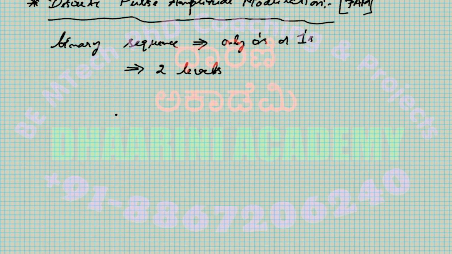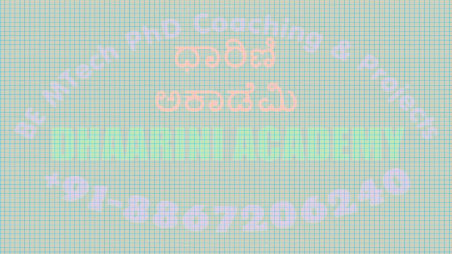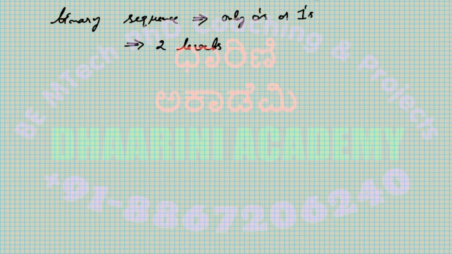How many ways you can try to represent the two levels is what is covered under discrete PAM. Okay, you can give different waveforms corresponding to your requirement. How they are going to be decided, we will look at the power spectrum, etc. Later on we will be able to decide which one to choose.